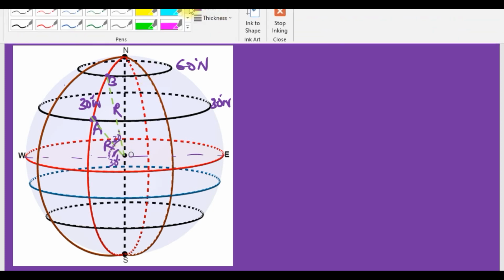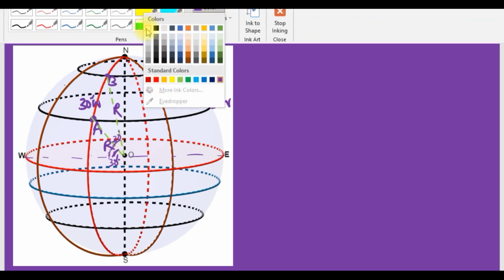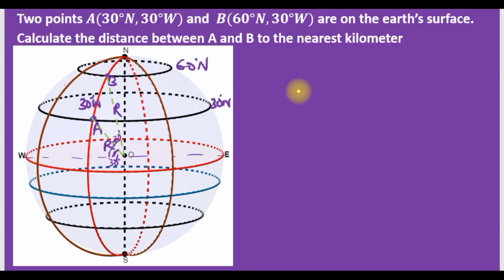See what I mean? Let me draw it out. We have something like this. From here to here is 30 degrees, while from here to here is 60 degrees. Meaning that here is 30, and here it should be 30 to make it 60. So 30 plus 30 is 60.